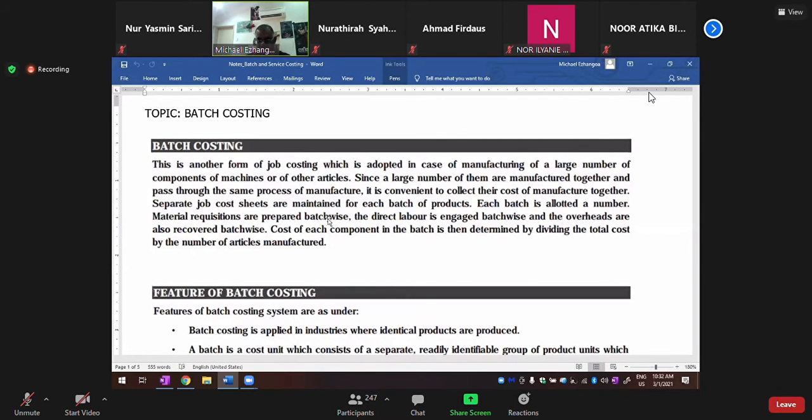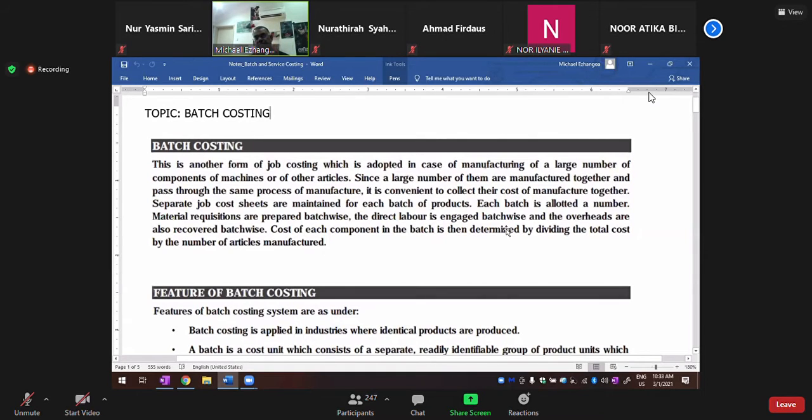Within the batch, it's the same, but between one batch and another batch, that's different. Do you understand? If you take one whole batch, every unit within the batch is similar, but between different batches, that changes. So, material requisition is prepared batch-wise, exactly going by the batch.